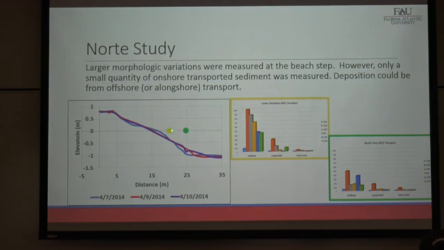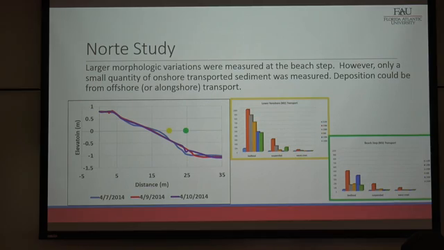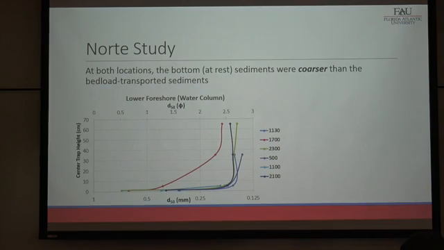It might be sediment that is part of that shoreline erosion moving offshore. It could also be that sediment's coming from alongshore. In the coastal zone, it's not 2-dimensional. We have 3 dimensions, so sand could be moving on and offshore as well as alongshore. But certainly we see the relationship with this very large quantity of sediment at the lower foreshore pushing up onto the shore.